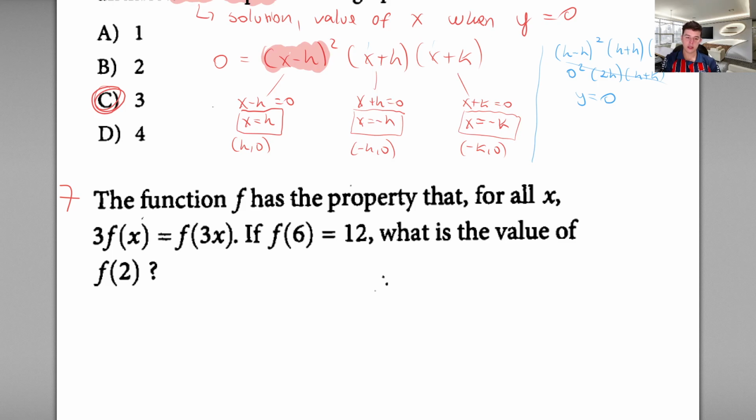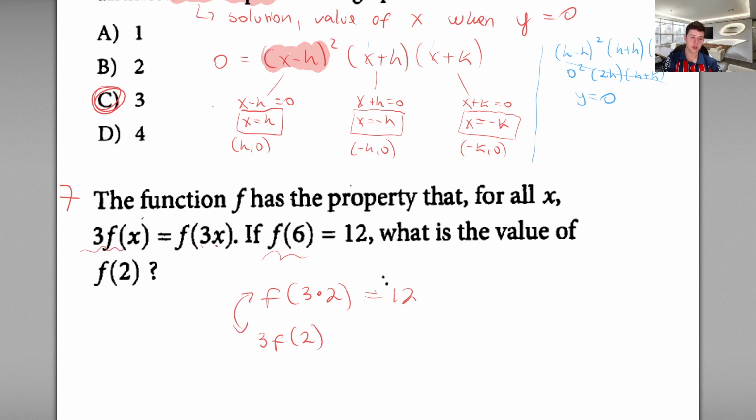So we know that this can be f of 3 times 2, right? Which is equal to 12. Okay, and we know that we can do the opposite as well. So f of 3 times 2 is going to be equal to 3 f of 2.